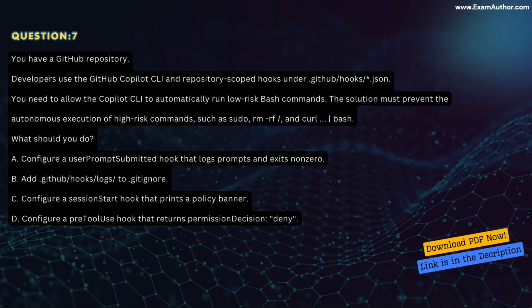A. Configure a user prompt submitted hook that logs prompts and exits non-zero. B. Add .github/hooks/log/ to .gitignore. C. Configure a session start hook that prints a policy banner. D. Configure a pre-tool use hook that returns permission decision, deny. Correct answer D. Configure a pre-tool use hook that returns permission decision, deny.